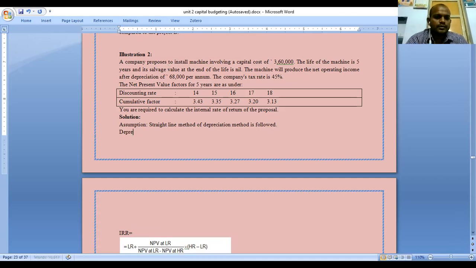So depreciation is equal to, what is the formula? Investment by life. So 3,60,000 by 5, it comes around 72,000 per year.